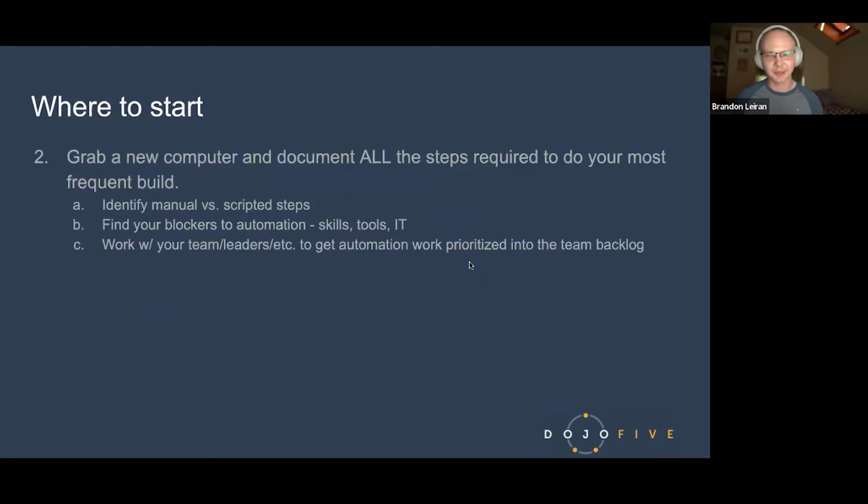Okay, so we talked about step one: just be aware of the people and make sure that you're solving a pain issue that people are having in the product or in their workflows. This one's a little more nuts and bolts. If you don't have an automated build, a good way to start is, when a new developer is starting, do an audit and sit with them.